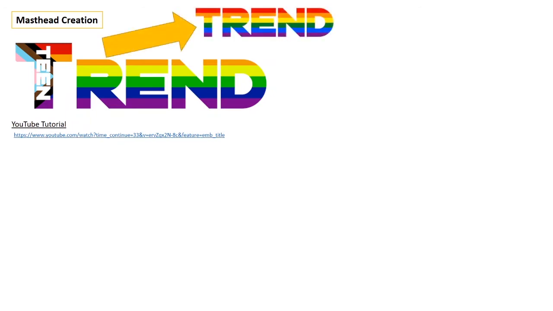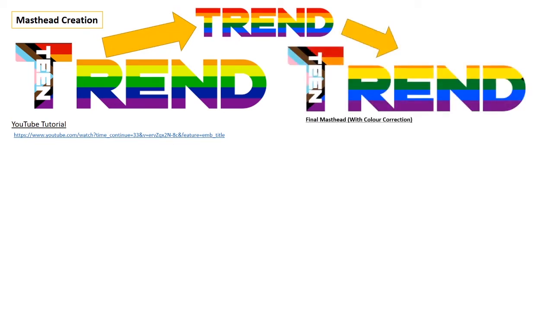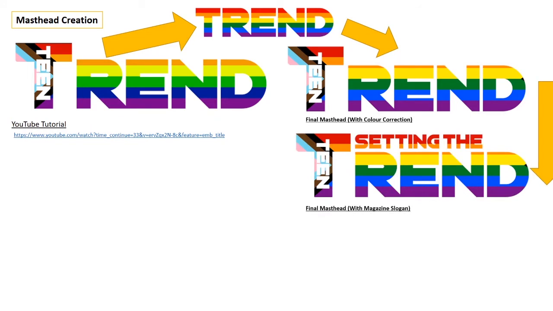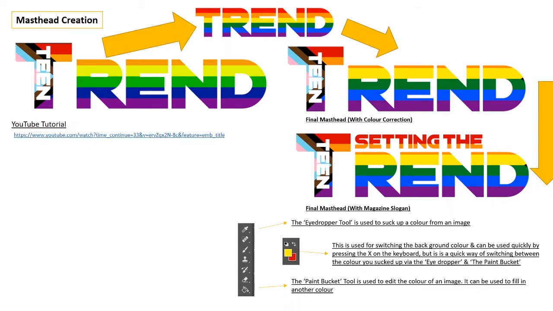So I took the original trend and I color corrected it. I sucked up the color with the dropper and color corrected each of those lines, making sure that they were vibrant. I included the slogan of the magazine, setting the teen trend, so it all works together in one masthead.